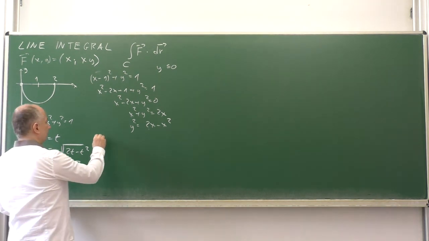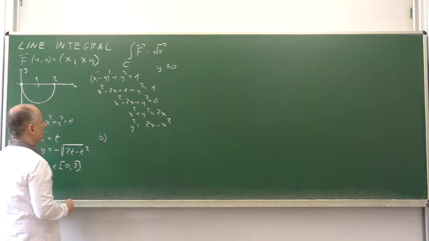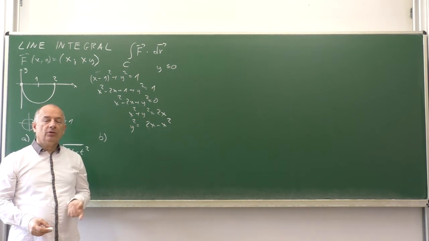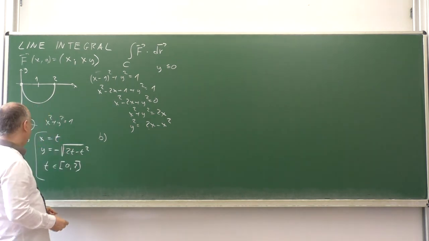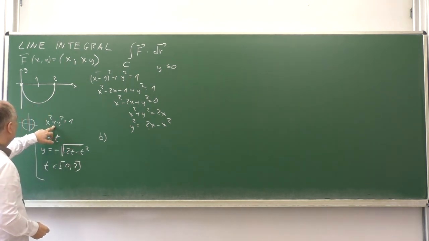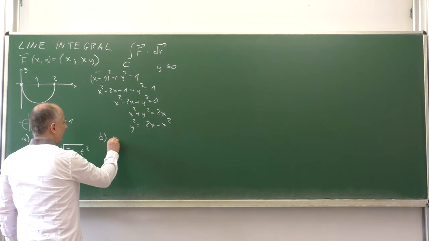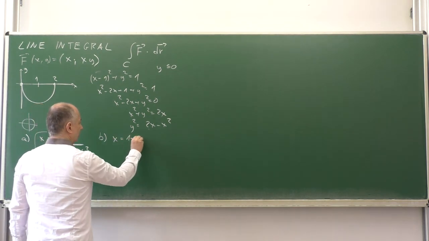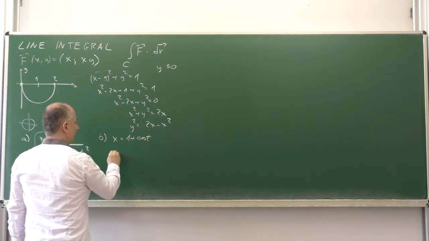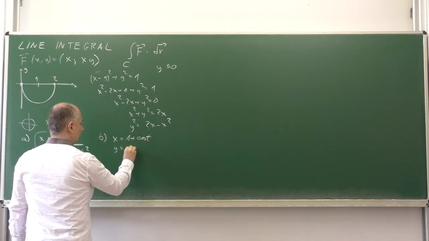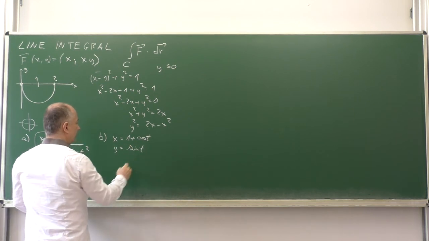Another natural parametrization would be using the trigonometric functions sine and cosine. For this circle, x is cosine of t and y is sine of t, and when it is shifted, then x is 1 plus cosine of t and y is sine of t.